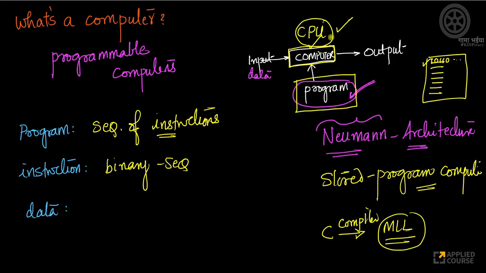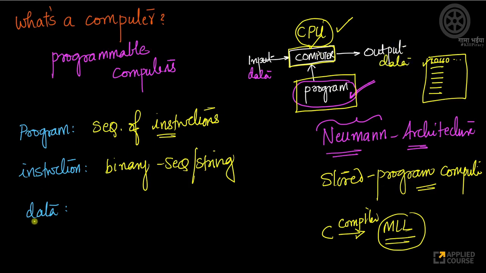CPU is what makes a computer. Your computer literally takes each of these binary strings, interprets them, and based on what the string is, it will transform your input data to output data.